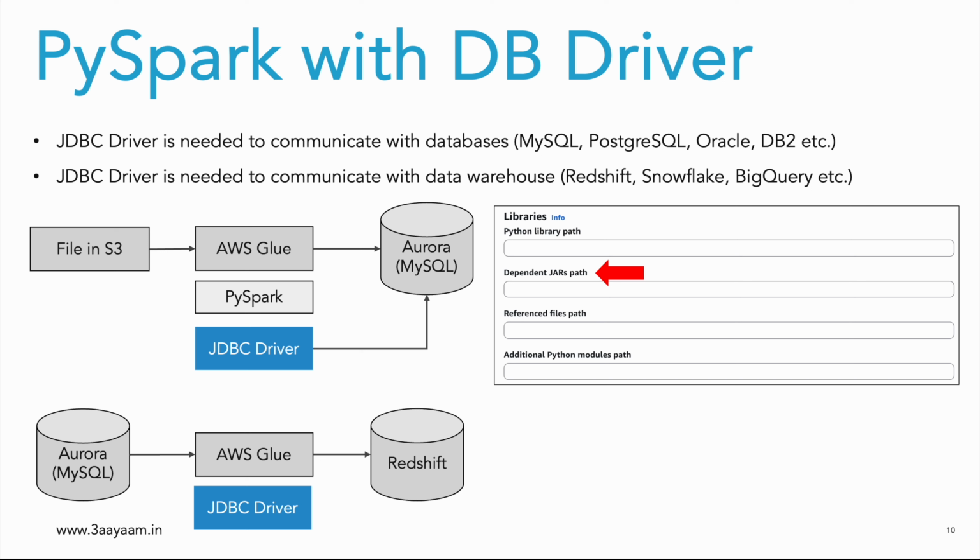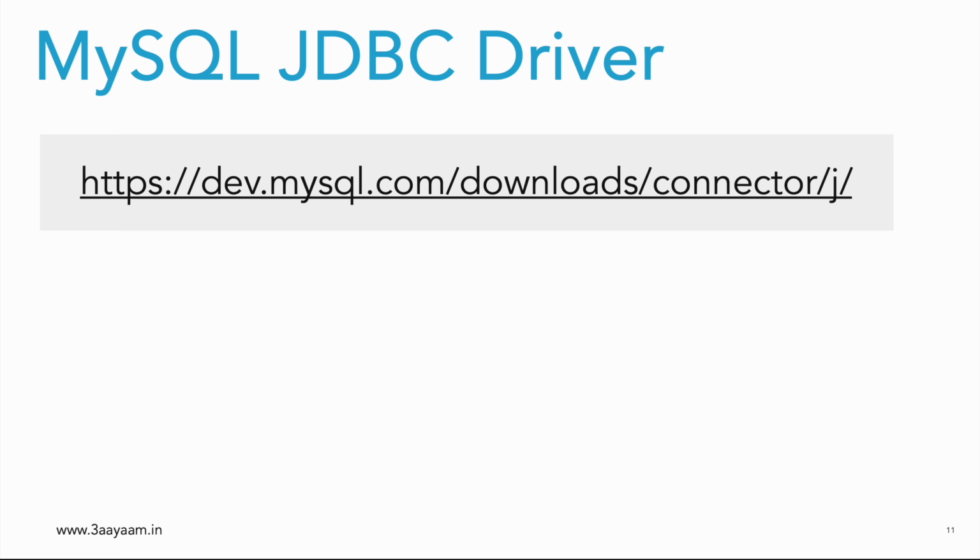Now, if you are using, let's say, additional Python modules like PyMySQL or Boto3 or Airflow, something like that, any additional Python libraries or modules that you choose to use in your PySpark code, those would go here in the additional Python modules path.